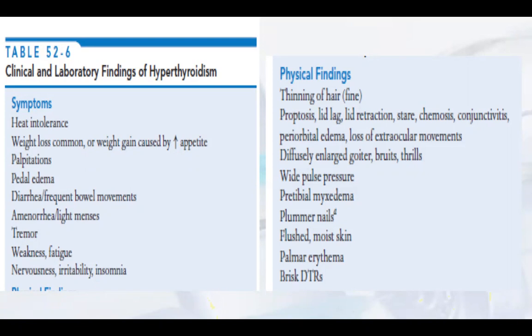Proptosis, lid lag, lid retraction, stare, conjunctivitis, periorbital edema, loss of extraocular movements, diffusely enlarged goiter, bruits, thrills, wide pulse pressure, pretibial myxedema, plummer nails, flushed moist skin, palmar erythema, brisk DTRs.